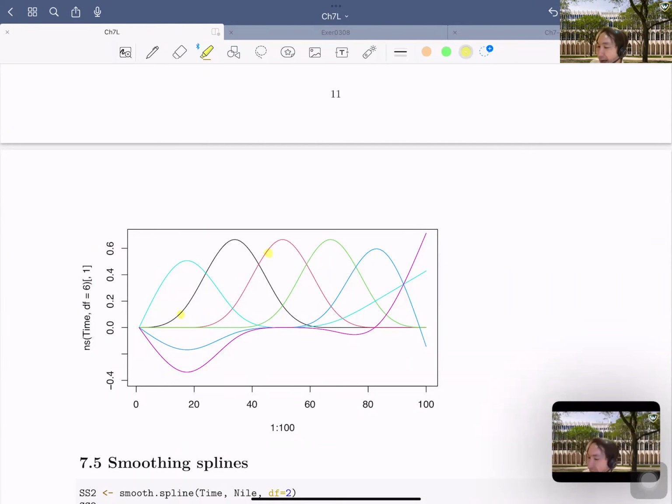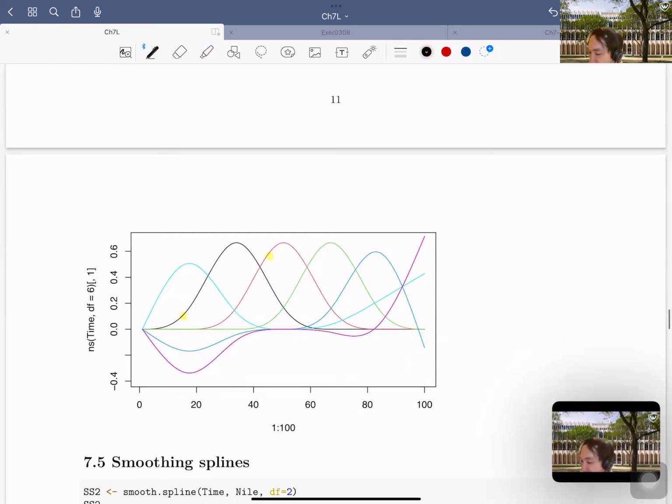So for the spline, basically we have the 3-degree polynomial first, x and x squared and x cubed. Then we add x minus c1 cube plus and x minus c2 cube plus. That is the original construction. But these variables have some correlation, some multi-collinearity.